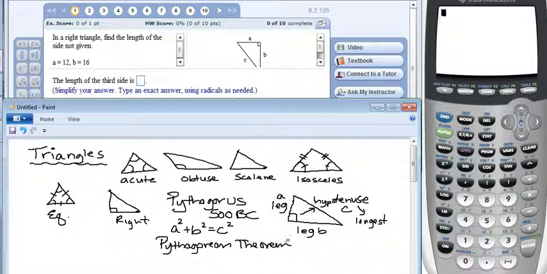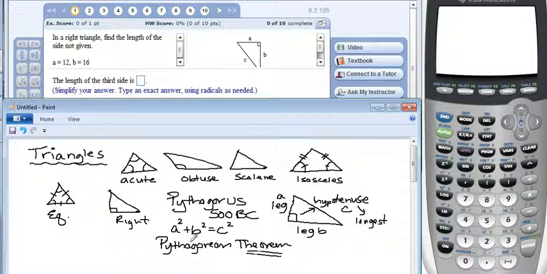Now, what's a theorem? Well, a theorem is a proven theory, and a theory is just something that you think is true. If it's a theory, you go, yeah, it's looking like it's always true. And if you can prove it, this one happens to be an 81-page proof, but it is provable, which I am not going to do, then it becomes a theorem.